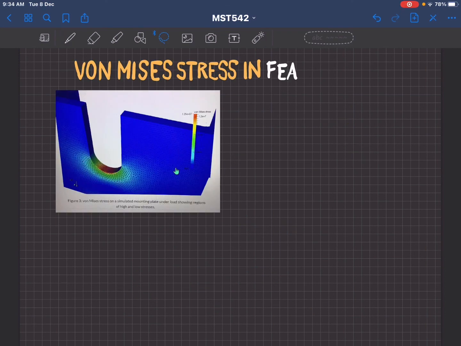Our task becomes very easy now. We just need to find the maximum value of the von Mises stress inside the material, and compare whether it exceeds the yield strength of the material.